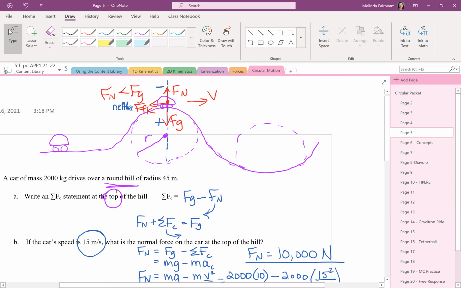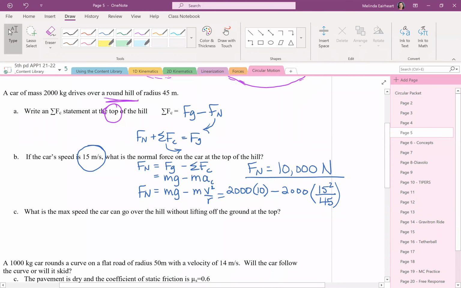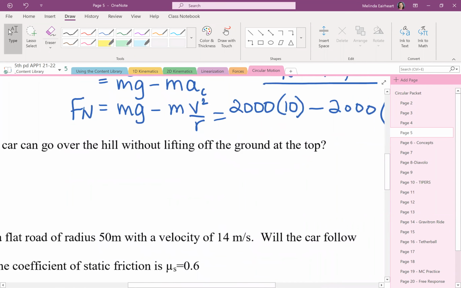We're finding a special case where the car doesn't necessarily go off the ground, but it's minimal contact with the ground. You're just tangent touching as you coast over the hill, okay? And so that's what I'm going to add here, this without lifting off the ground at the top.